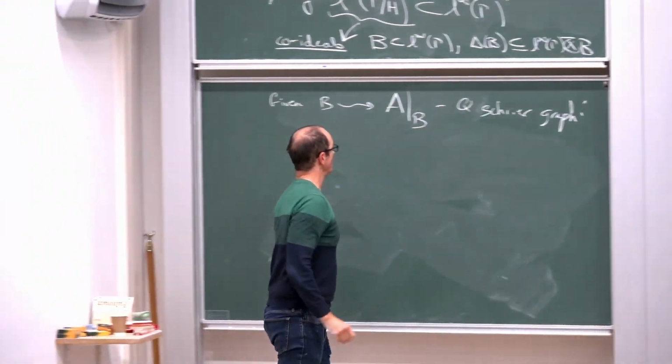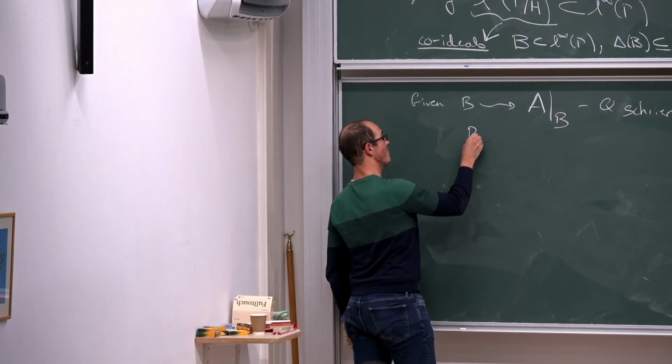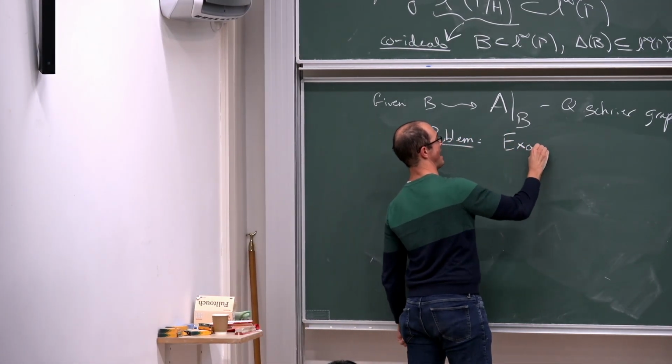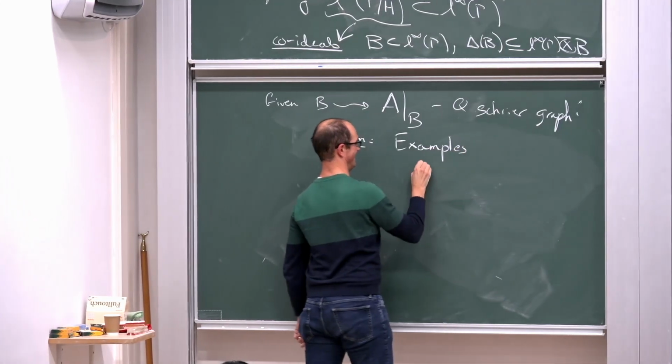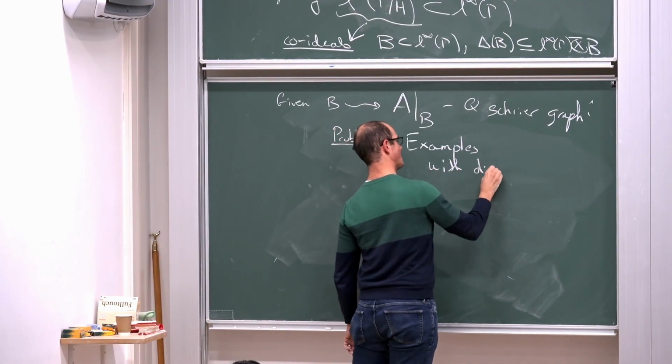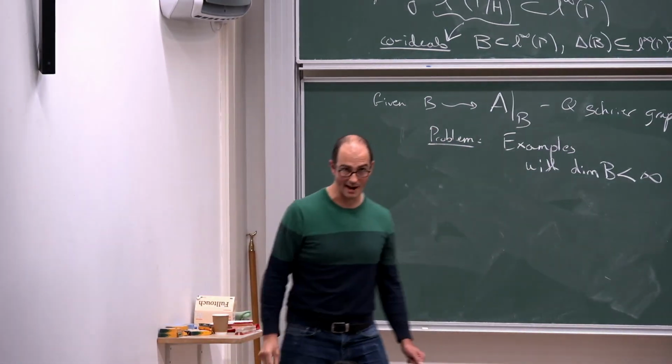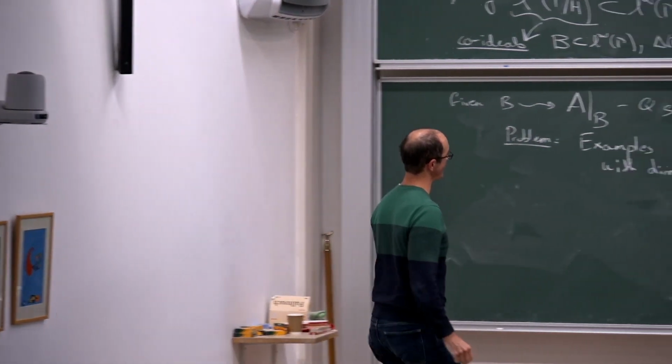All right, so problem examples are very hard to find. In particular, we'd be interested in finding genuine quantum Schreier graphs, which are finite regular graphs.